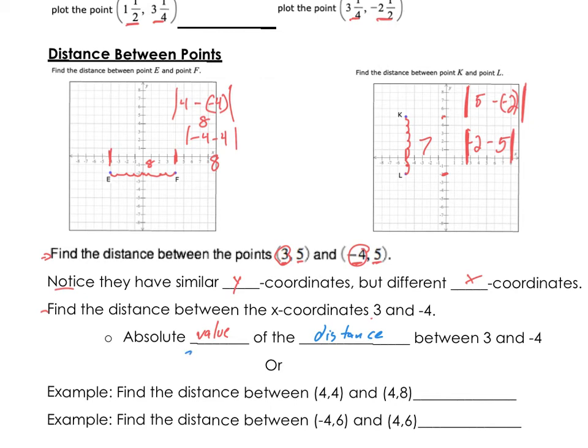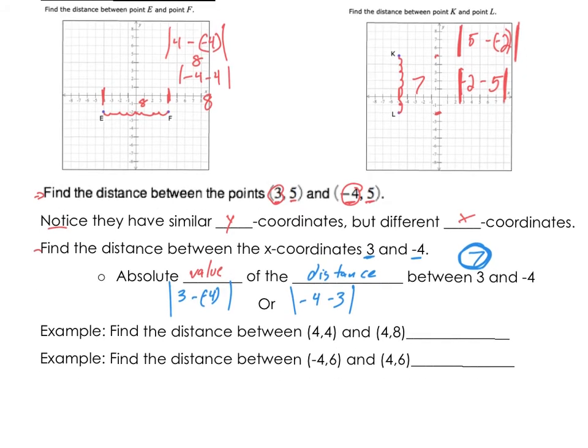We could say it's 3 minus -4, the absolute value of that, or -4 minus 3, the absolute value of that. The answer is 7, because that's 3 away from 0, that's 4. Don't do 4 minus 3 is 1. They are actually 7 apart.